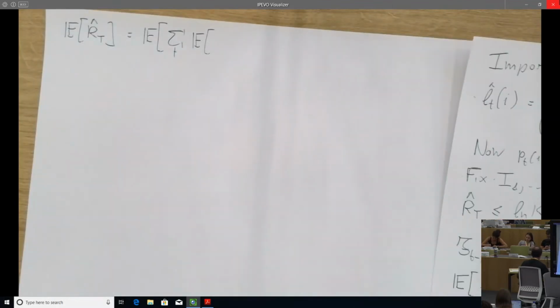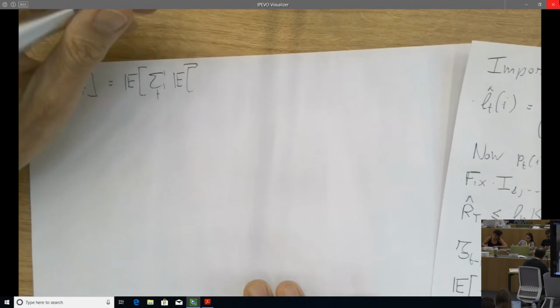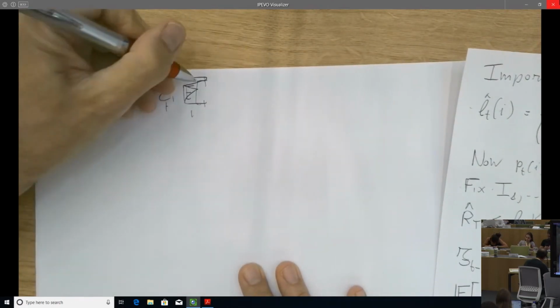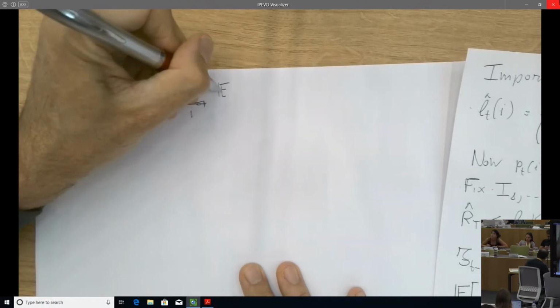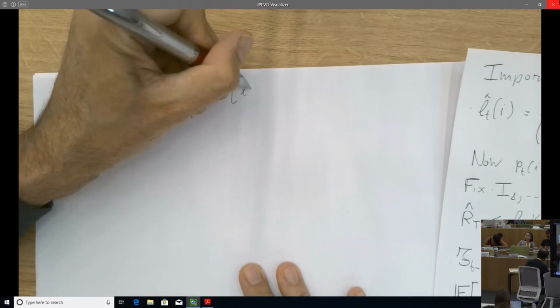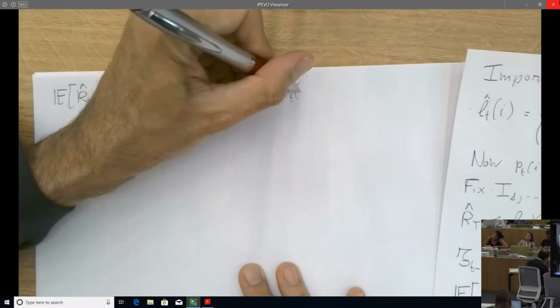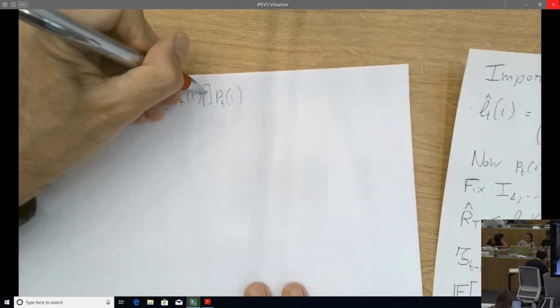Okay. So I will write it here again. So there's a sum over t, sum over I. Sorry for the mess. And then I have the conditional expectation of LT hat of I, PTI. And this is a conditional expectation.